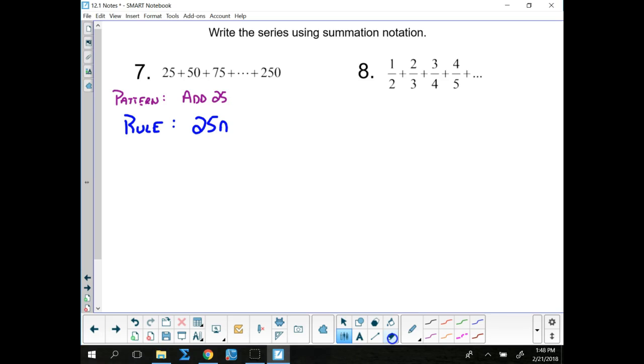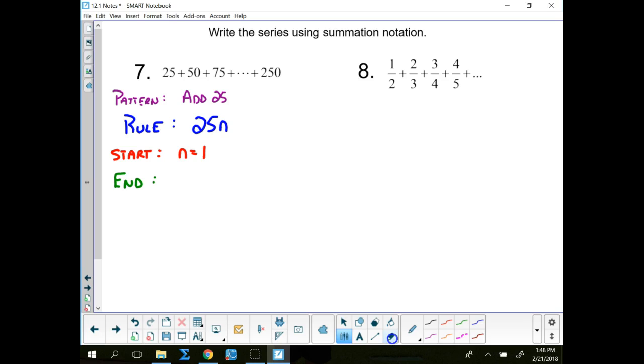My starting value. I'm going to start at n equals 1, right? Plug 1 into my rule, gets me my first term. My ending value. Do I know how long I have to go until? I don't know, right?